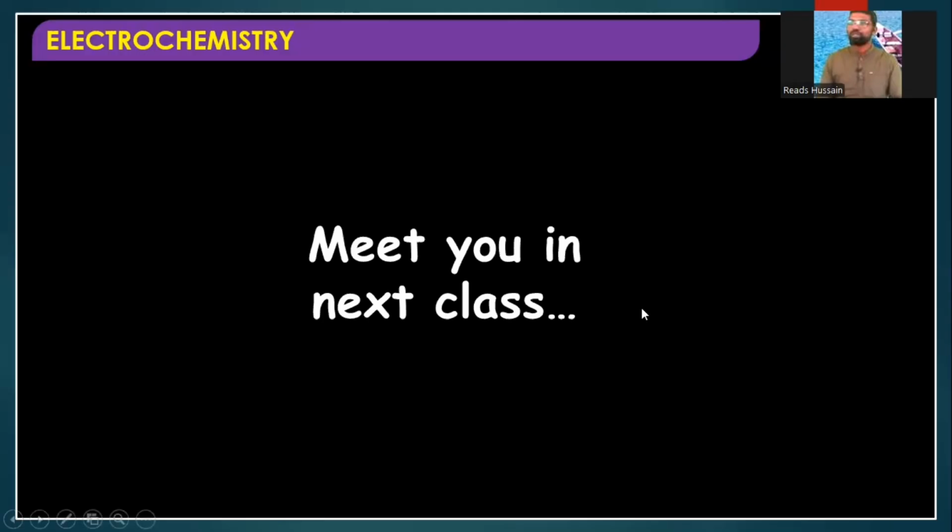Next, we are left with the last topic in this chapter, that is fuel cells and corrosion, and that we will cover tomorrow. By tomorrow's class, all the topics of the chapter electrochemistry will be completed.